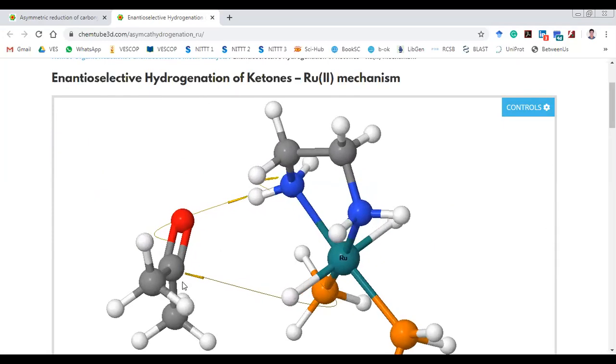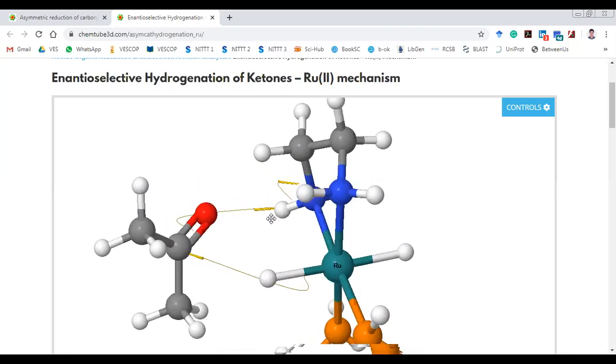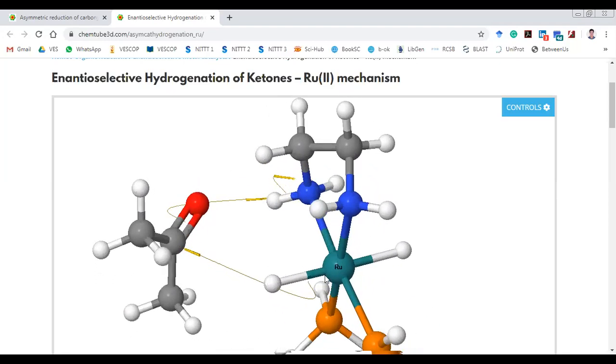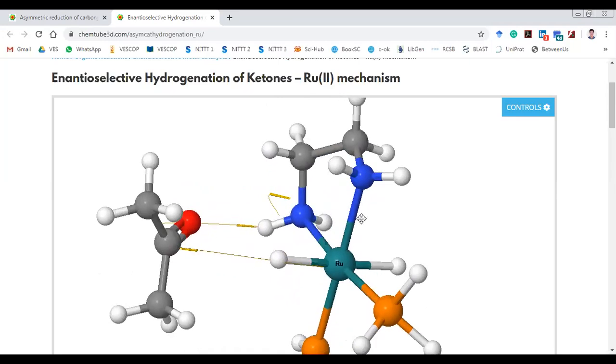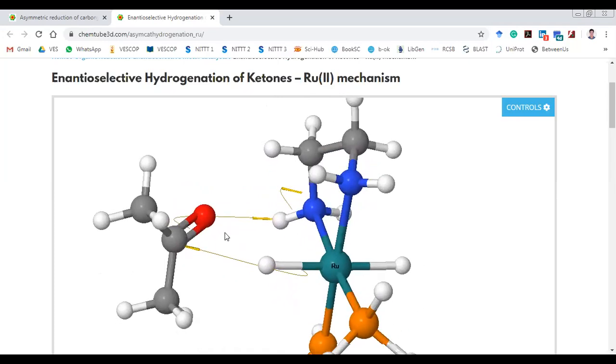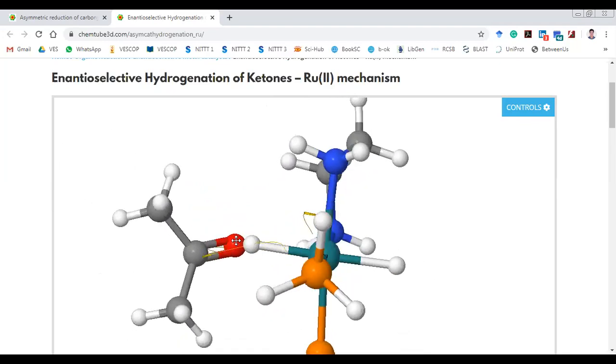The orientation of the ketone is such that the larger group is oriented away from the ruthenium and the smaller groups are tucked in near the ruthenium. In this case, since this is symmetrical, this is not visible. But if this were any larger alkyl group, say phenyl or a tertiary butyl, this would be away from here.